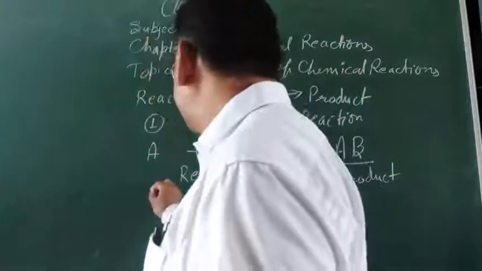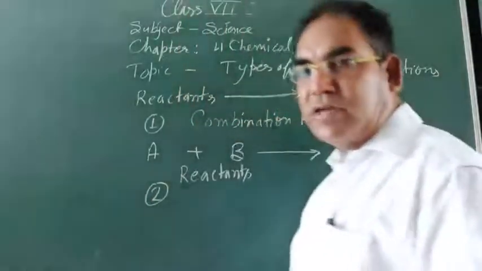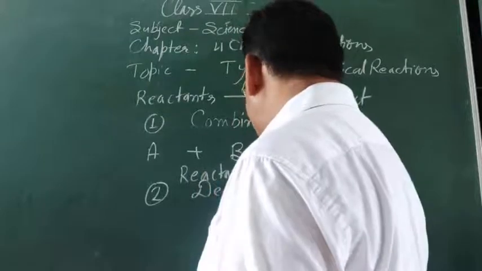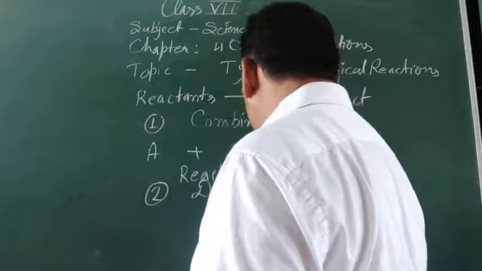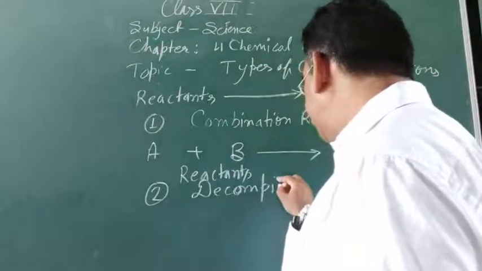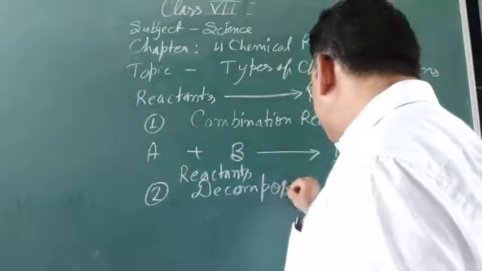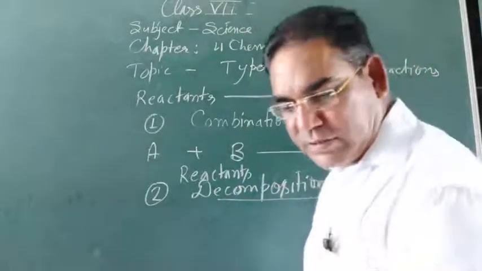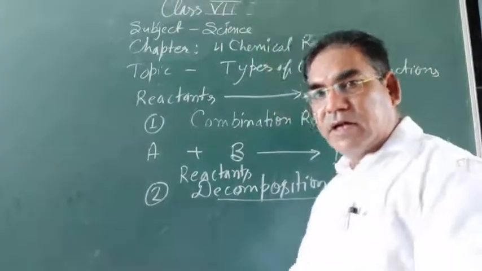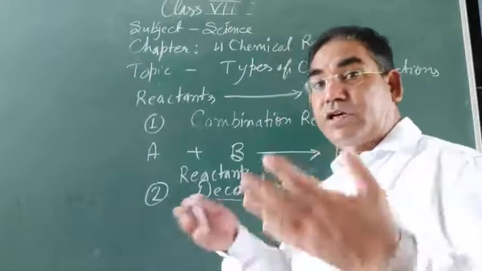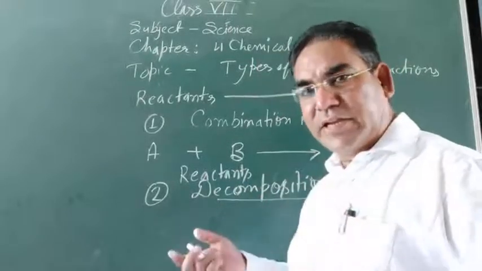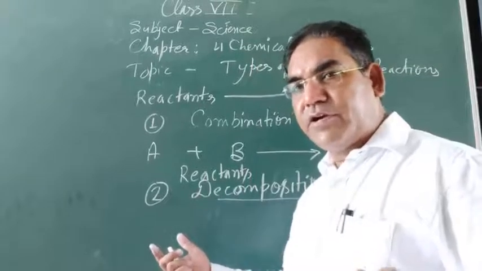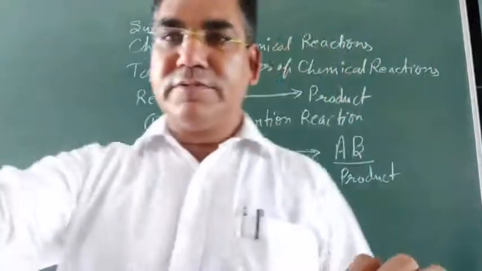Now the second reaction is just opposite to it. This is the decomposition reaction, the chemical decomposition reaction. In this reaction, a reactant can be broken down into two or more products.